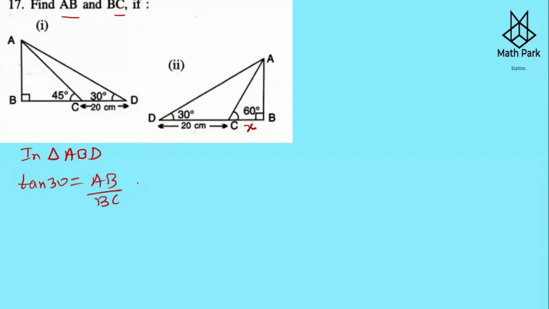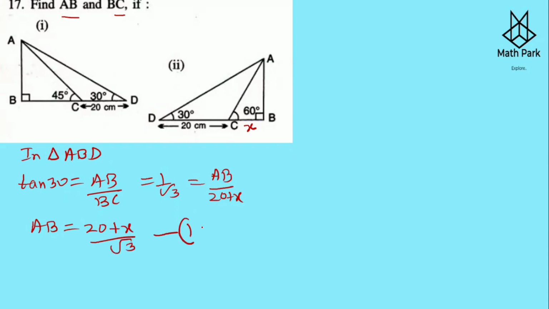So tan 30 is 1 upon root 3, which is equal to AB upon BC, which is 20 plus X. So this is how you get AB is equal to 20 plus X upon root 3. Let this be the first part.